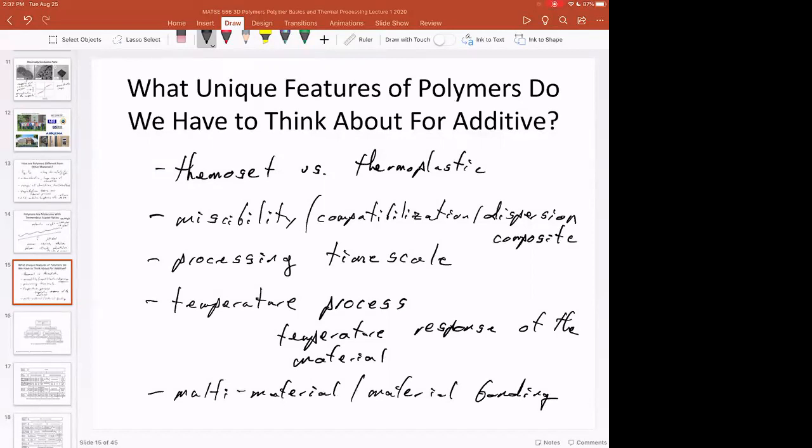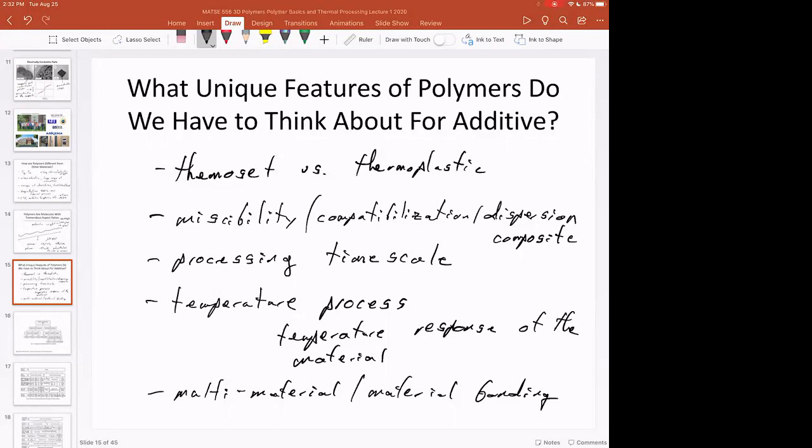But if we're going to make a product, lots of times it's just not one chunk of polymer or composite that we're going to use. It's a multi-material assembly. We're going to need a soft touch rubber plus a hard plastic, or we're going to need a hard plastic and we're going to need to bond it to a piece of glass or a piece of metal. And so we need to think about, in our additive process, we're not just making plastic toys or keychains or Pokemons or whatever. We're actually trying to make products that people are going to use. And I think if you pick up most things on your desk, it's going to be a multi-material assembly. And we need to consider that in additive.